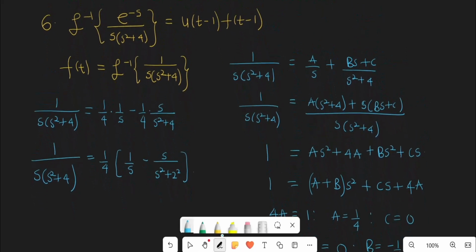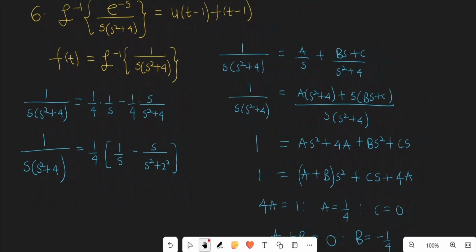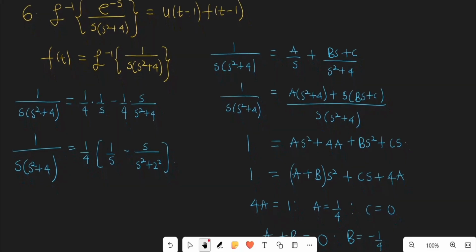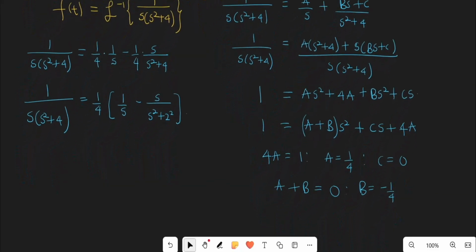One cool thing about the Laplace inverse is that we have to know the tricks of doing partial fractions.